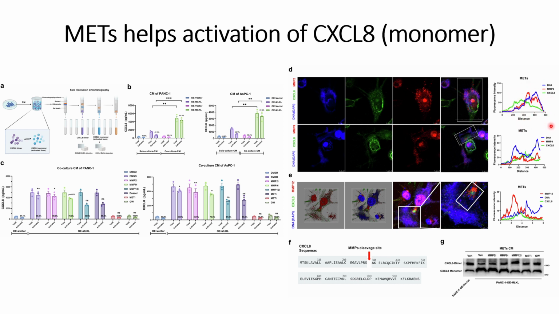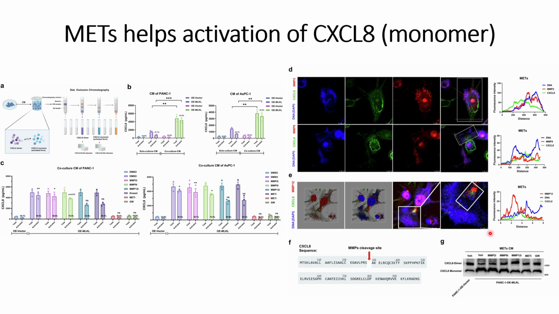For MMP2 and MMP9 the overlap is low, whereas for MMP12 the overlap is high, and it is also visible, indicating that MMP12 has a higher role towards the activation of CXCL8.